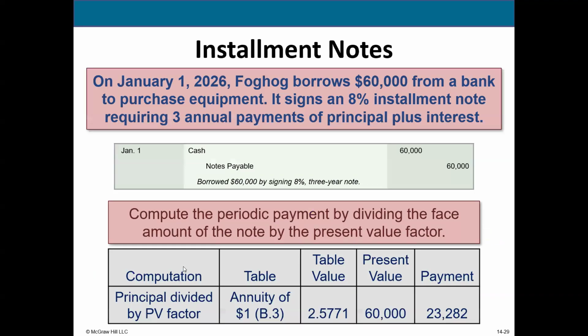I'll walk through a couple of examples with you. This example is what we call an installment note, which requires a series of payments to the lender. Very typical of a business. They have to repay the loan principal plus interest over time.